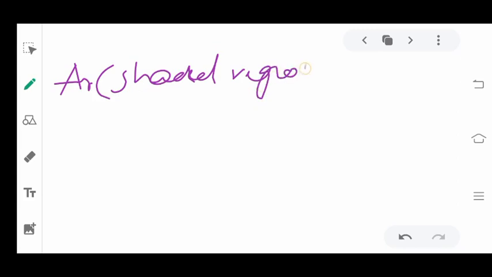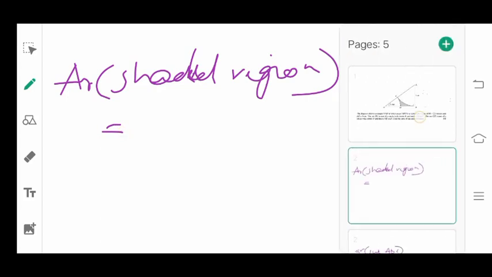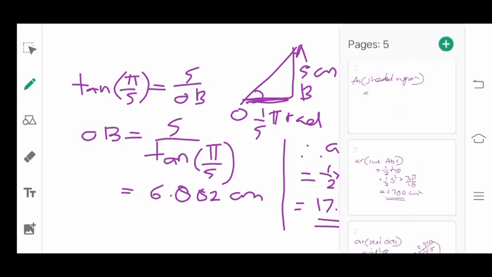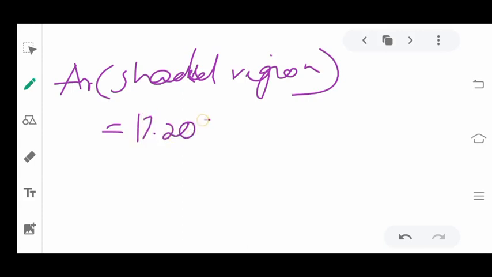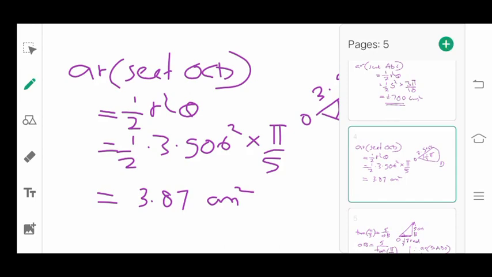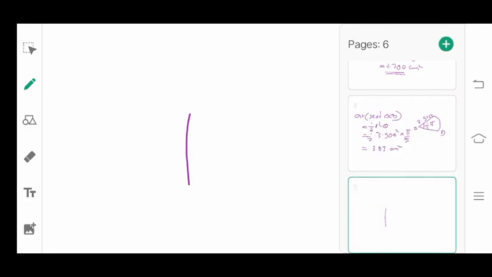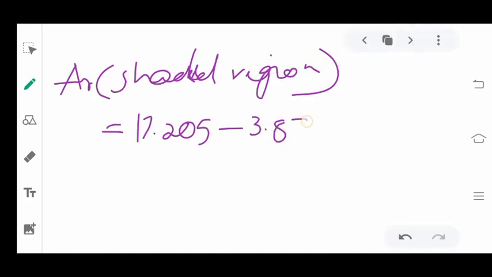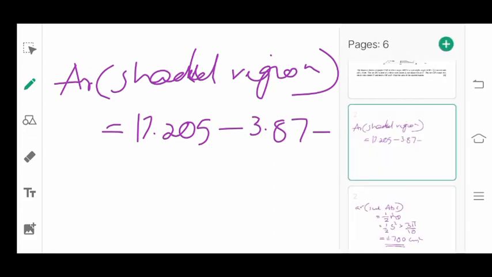So area of shaded region is equal to total area, which is the area of triangle, 17.205, minus area of a sector, which is 3.87, minus area of second sector, which is 11.780.